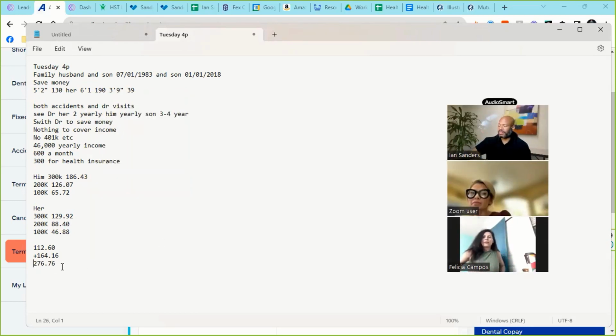So now, even though they could spend $300 on their health, now we have an ACA plan. We have the critical illness, so they have some money coming in if they're ever diagnosed with something major. They have the plan enhancer, which is going to cover their hospital stays. And then they have the living benefits associated with the IUL.